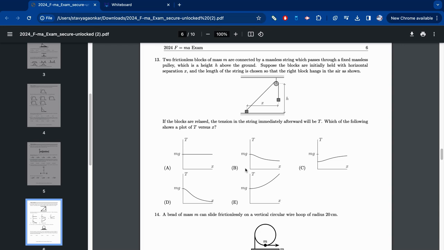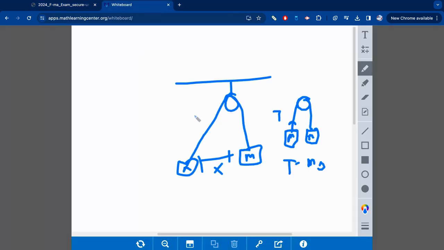Then we notice that as x approaches infinity, each graph has a different value. This one is mg over 2, this one's mg, this one's 0, and this one goes to infinity. So let's consider what happens when x is infinity. It's going to look like this, where this is horizontal. What's happening is that we have a constant tension throughout.